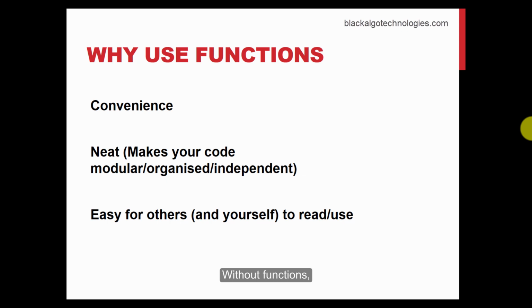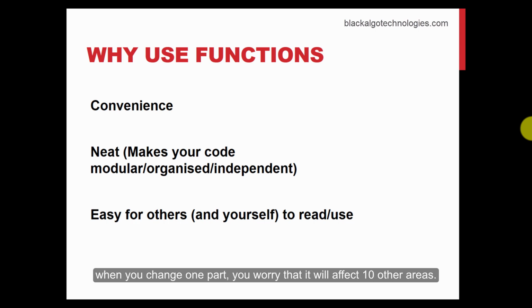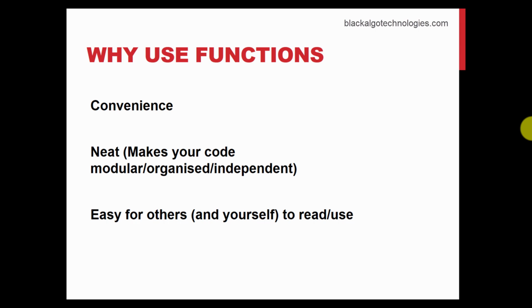Without functions, if all your code is interconnected, when you change one part, you worry that it will affect 10 other areas. Alright? And you have to change the other 10 areas. So once your code gets huge, once your EA gets huge, you have a few thousand lines of code, how are you going to manage it? It'll be very difficult for you and for others.